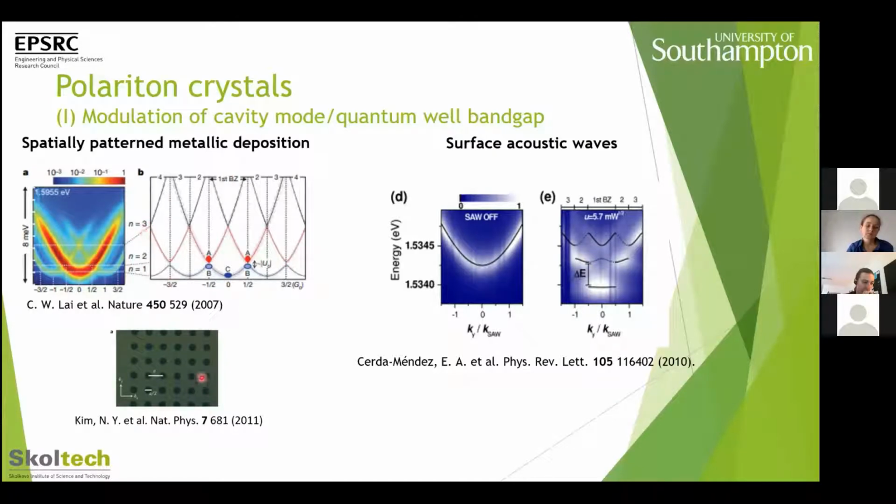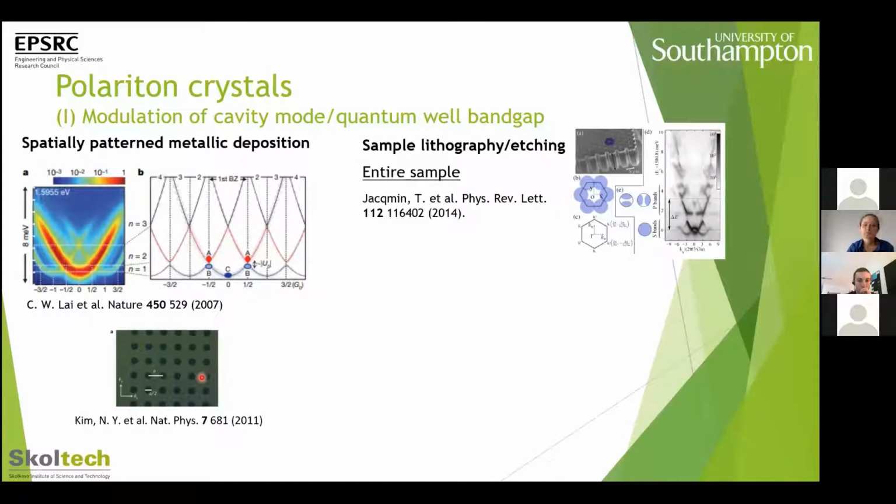And they expanded that later in 2011 in collaboration with Sven Höfling's groups to two dimensions, whereby they deposited a layer of gold and then etched in these circular recesses in a square lattice, forming two-dimensional potential landscapes.